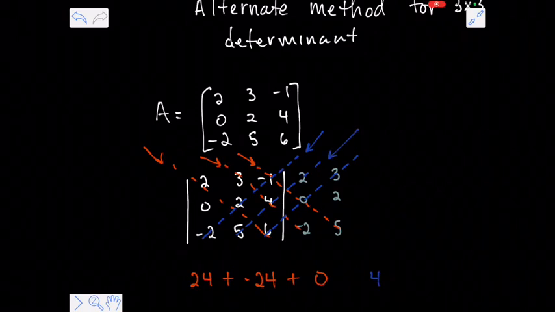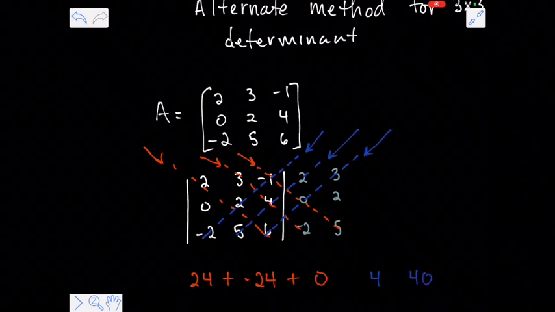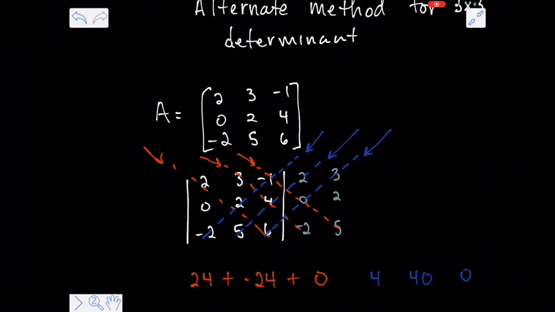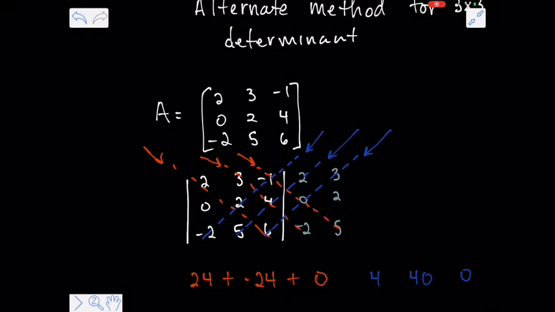This one here is 2 times 4, which is 8. 8 times 5 is 40. And then this one here is 3 times 0, which is 0. 0 times 6 is 0. It's important now to remember that any of those that I've done in blue that go from the top right to the bottom left, those you always subtract.